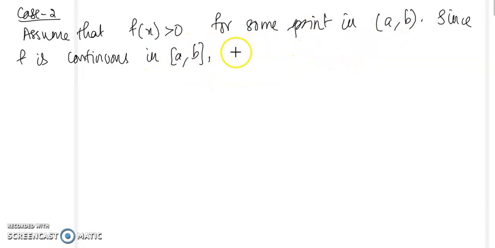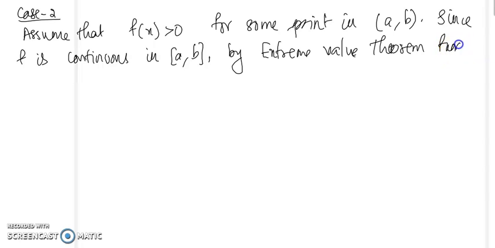So, since f is continuous in closed interval AB, by extreme value theorem, the function has an absolute maximum and minimum.